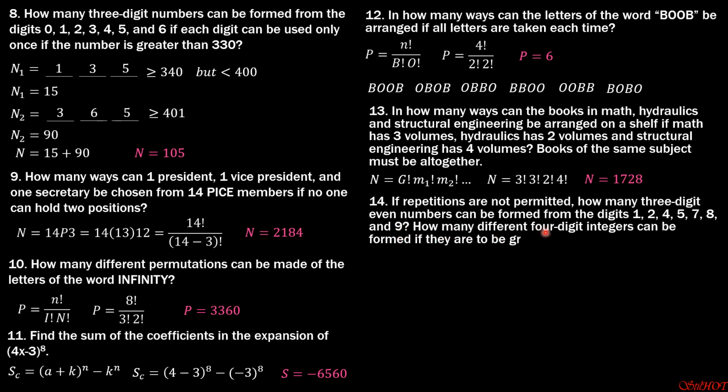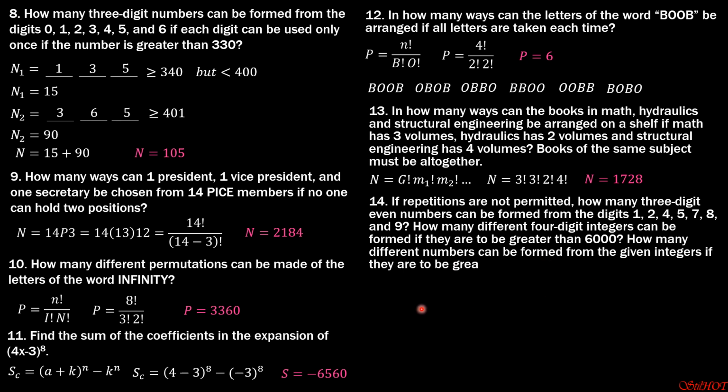How many different 4-digit integers can be formed if they are to be greater than 6,000? And how many different numbers can be formed from the given digits or integers if they are to be greater than 900,000 and of different digits? So meaning repetitions not allowed.